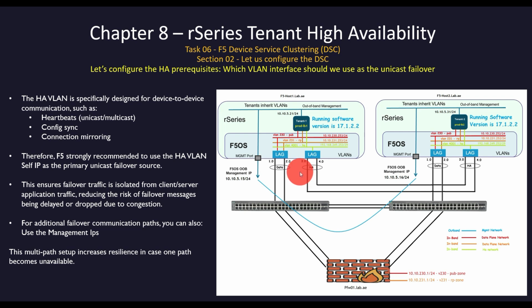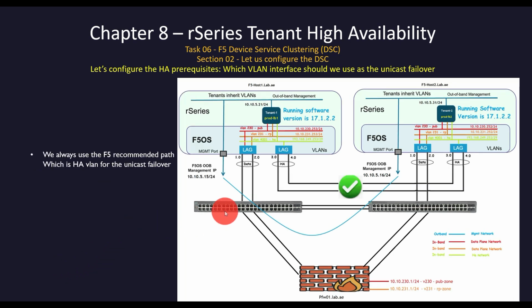Also, for additional failover communication paths, you can choose either management IPs or one of the client-side or server-side VLAN self IPs. This multi-path setup increases resilience in case one path becomes unavailable. In our lab, we are using the HA VLAN address as the unicast failover network source.